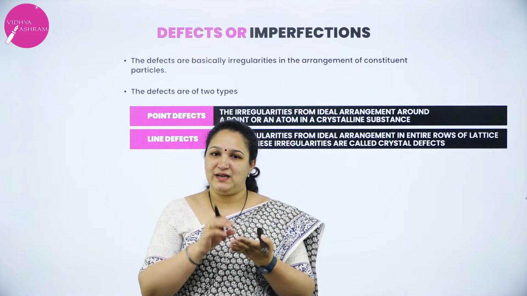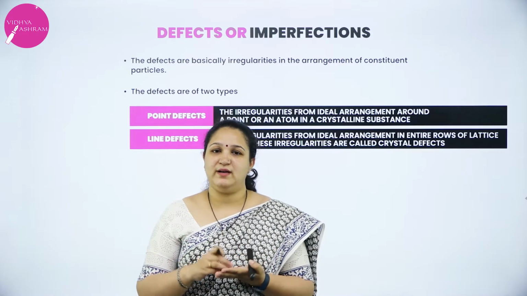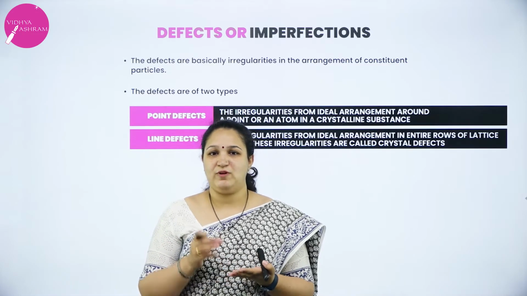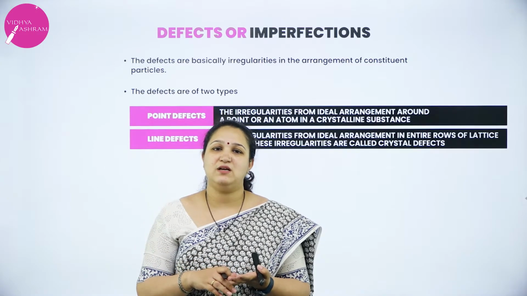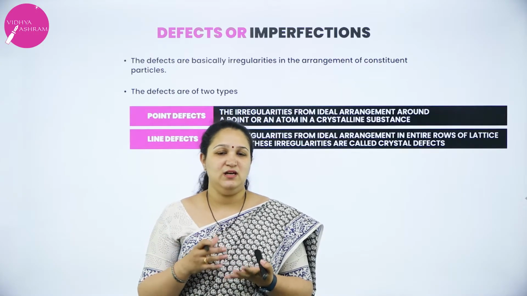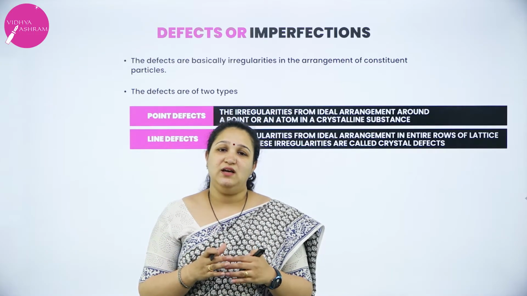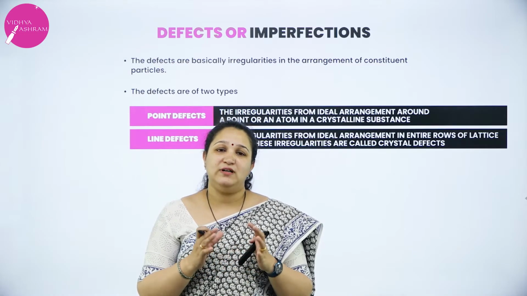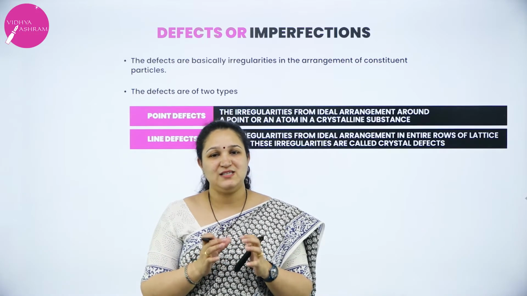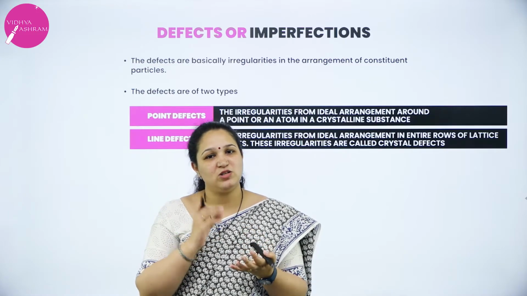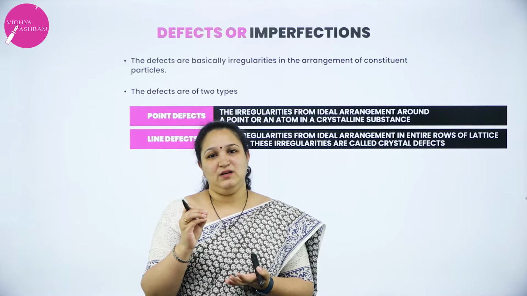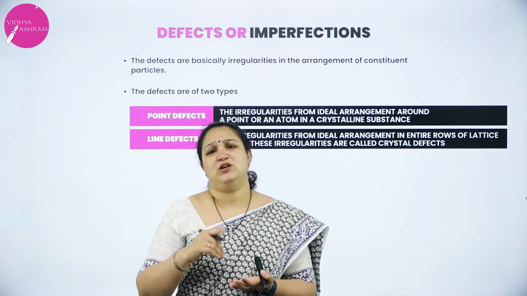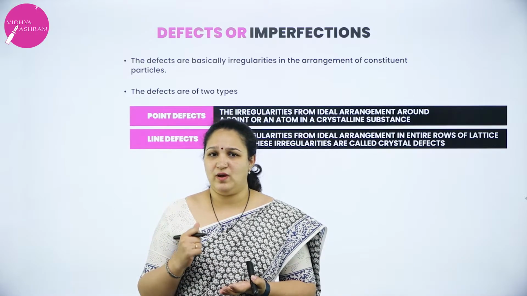That is, the particle might get dislocated from its original site to a different place, or there might be some foreign particles in the crystalline solids. So these are the different types of defects which you can see. The reason is that at higher temperature, because of thermal energy, there can be vibration in the particles, and because of which we can see the defects.